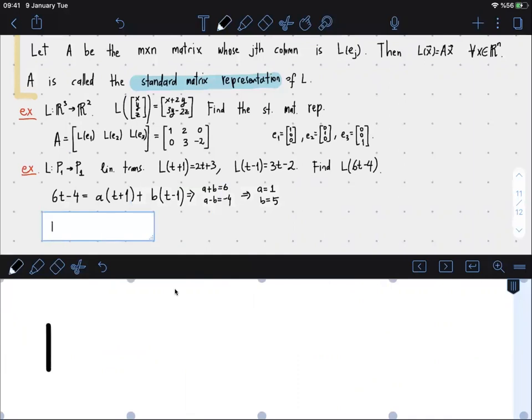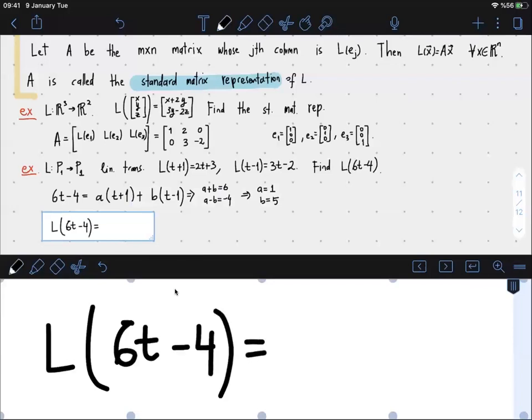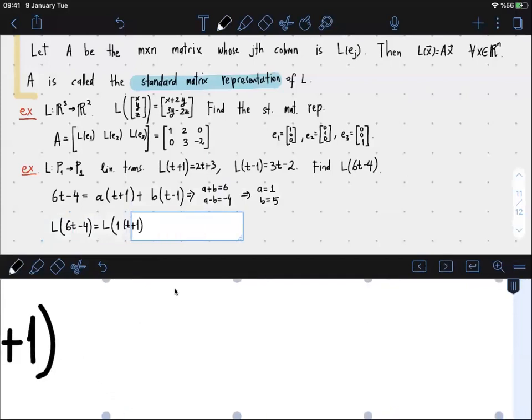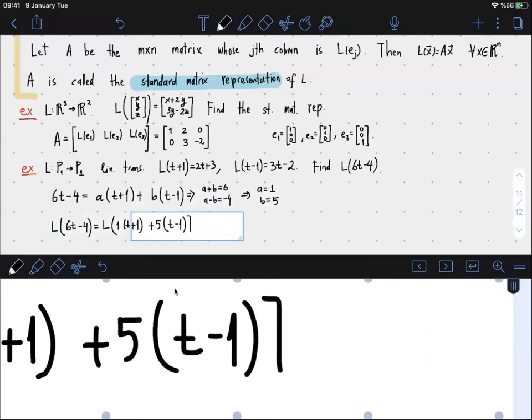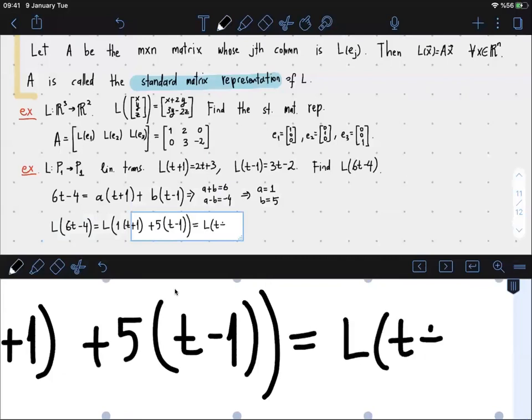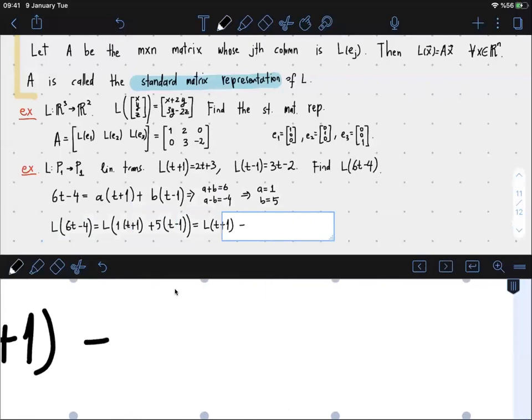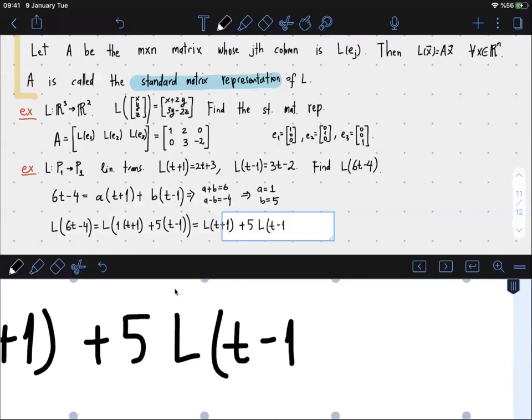Then we get L of 6t minus 4 as L of 1 times t plus 1 plus 5 times t minus 1, which gives L of t plus 1 plus 5 times L of t minus 1.